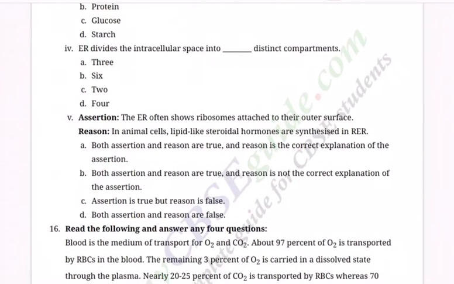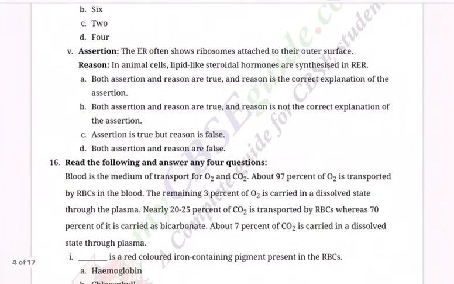Reason: In animal cells, lipid-like steroidal hormones are synthesized in the RER. A. Both assertion and reason are true, and reason is the correct explanation of the assertion. B. Both assertion and reason are true, and reason is not the correct explanation of assertion. C. Assertion is true, but reason is false. D. Both assertion and reason are false.